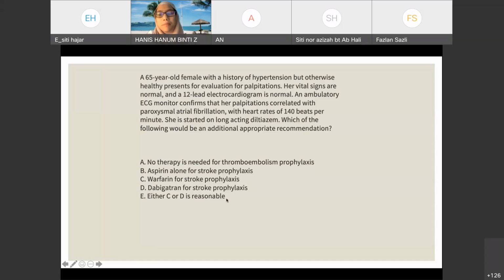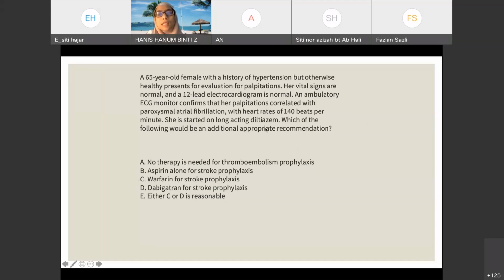It's reasonable. Kalau soalan tu cakap patient is having financial difficulties and is not willing to pay, then warfarin lah would be the option. Kalau soalan ni tak cakap apa-apa, you can either give warfarin or dabigatran lah.